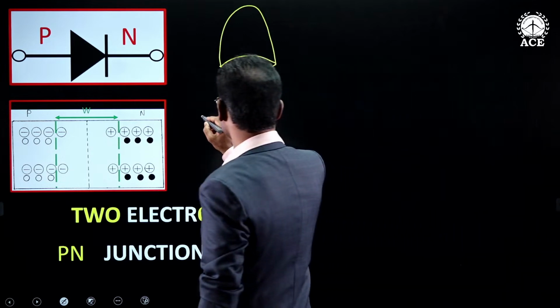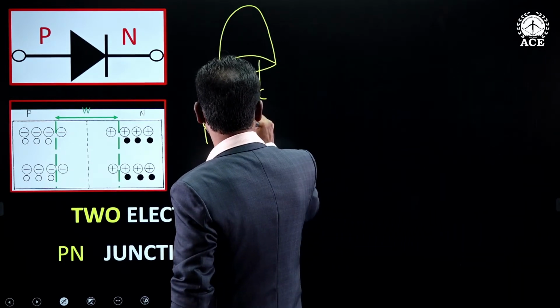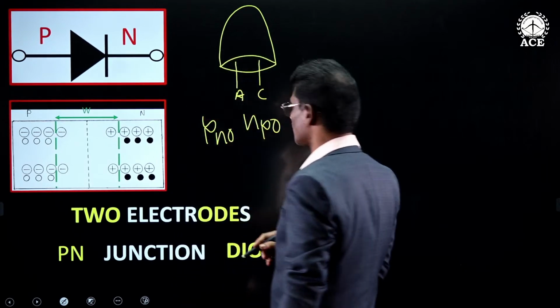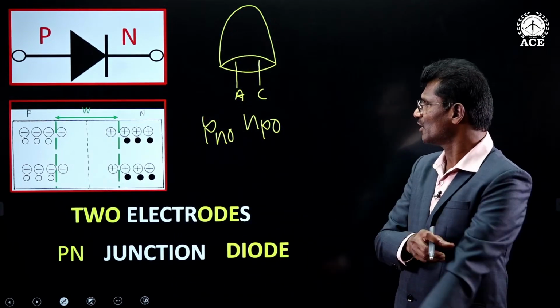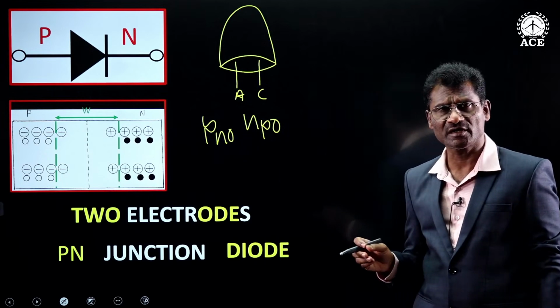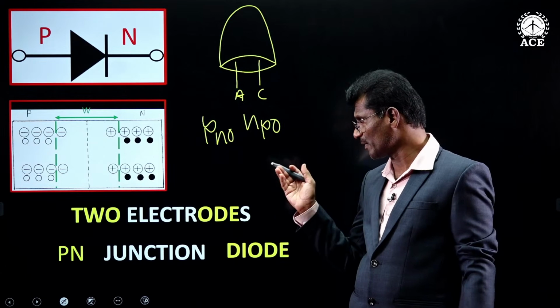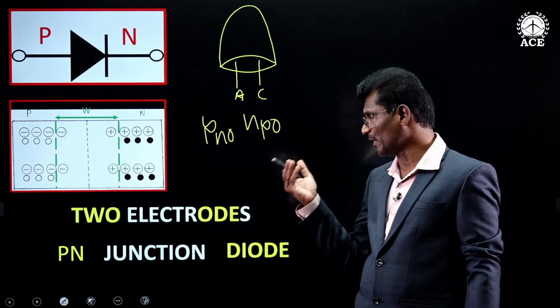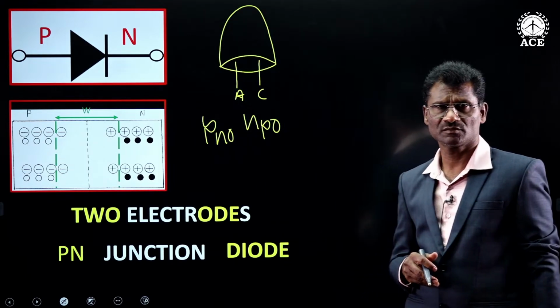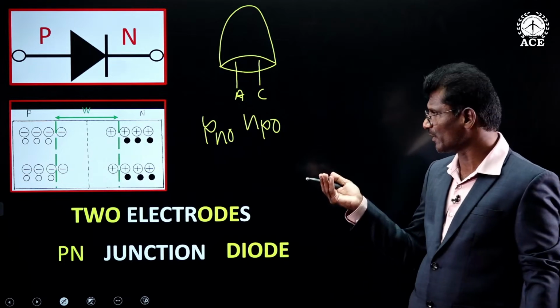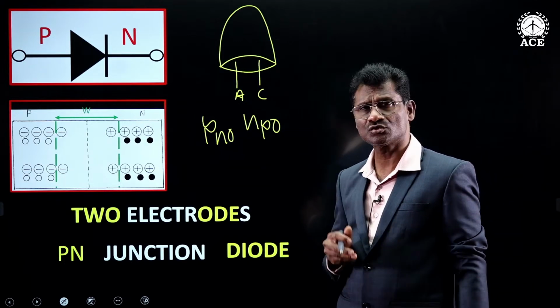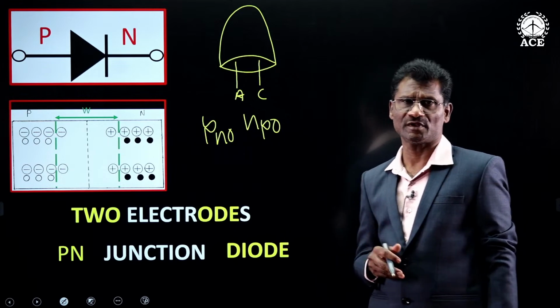Initially, I was stating about PN naught and NP naught. It was given the name initial thermally generated minority carrier concentration. Initial, why? Because it was existing by the time we started the explanation. Thermally generated, why? Because it is generated due to temperature, room temperature.